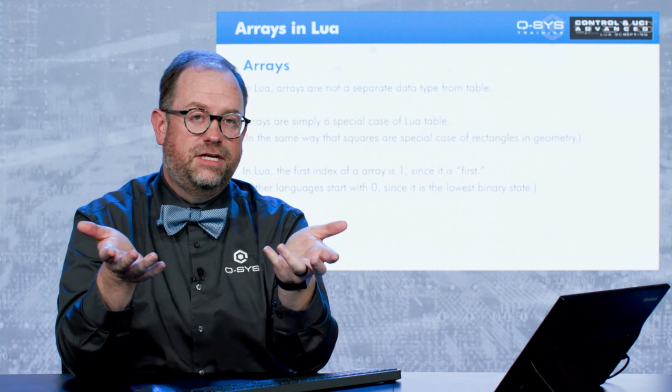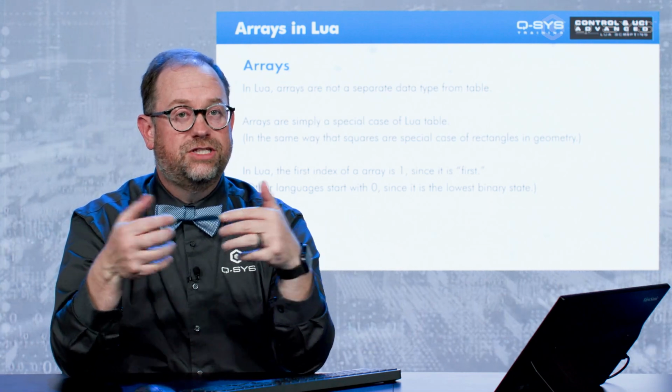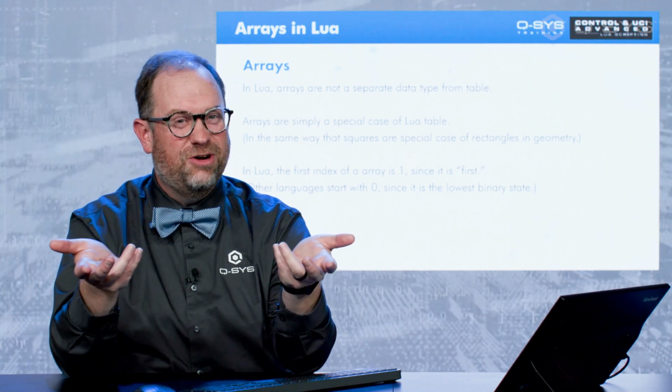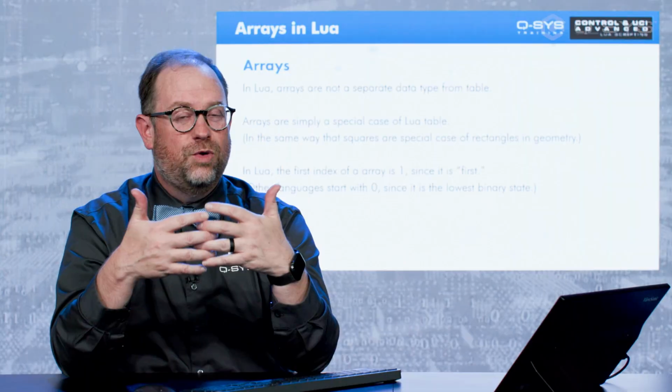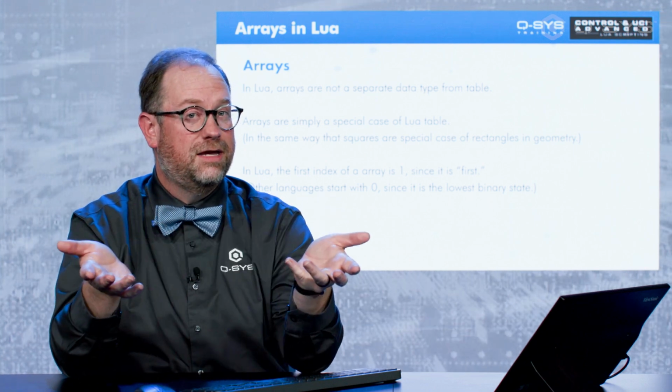She very naturally is going to tell me, well, sweet baby, it's number 1. Number 1 is the first number because 1 means first. Lua counts the same way, which, if you know about arrays in other languages, is a little quirky. Arrays in other languages typically start at 0 because 0 is indeed the lowest binary state. But again, Lua counts the way Mima counts.